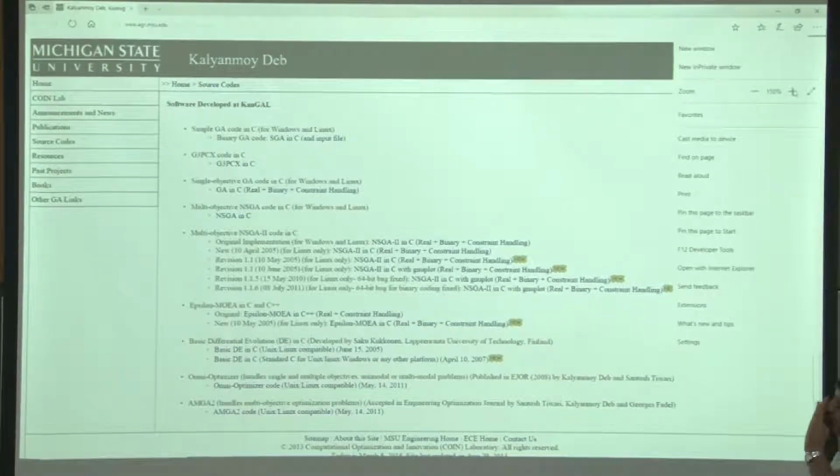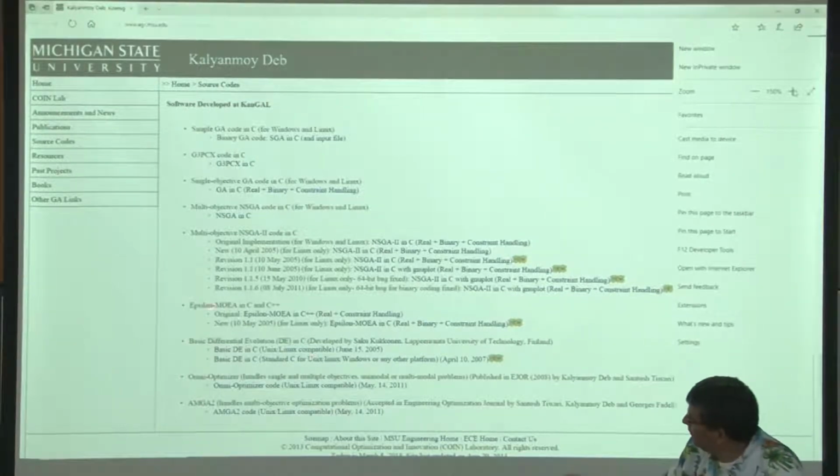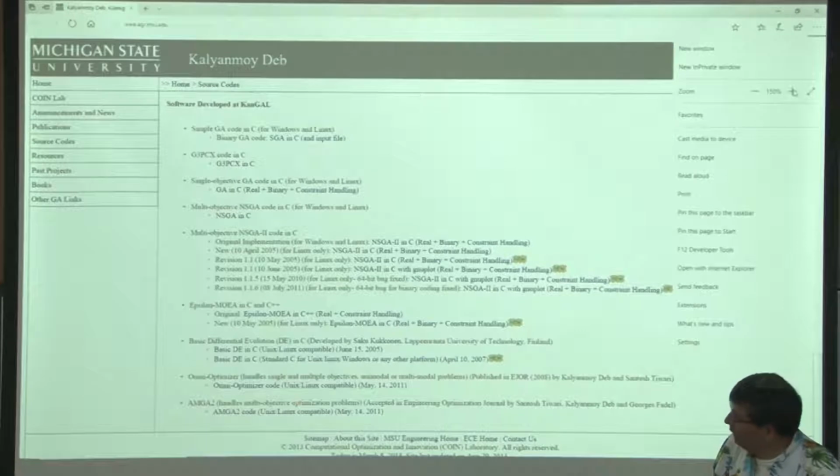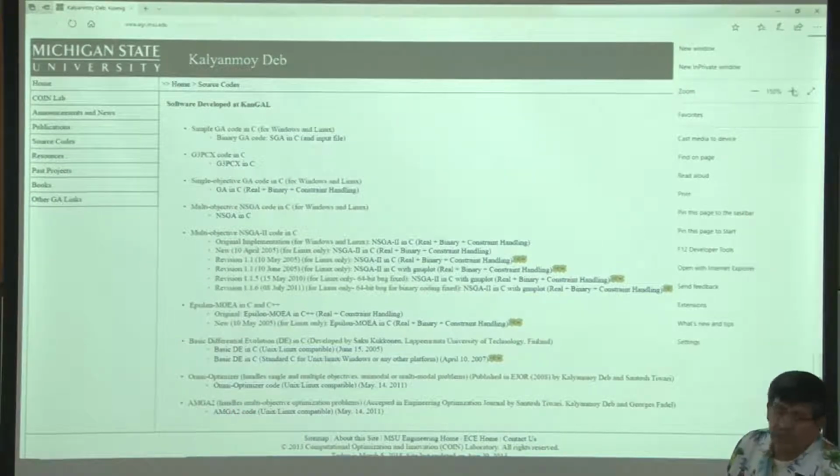He also has his other algorithms, like the epsilon-MOEA that we talked about yesterday. The Omni-optimizer, we didn't talk about this one. And this is a micro GA he developed with an Indian guy.